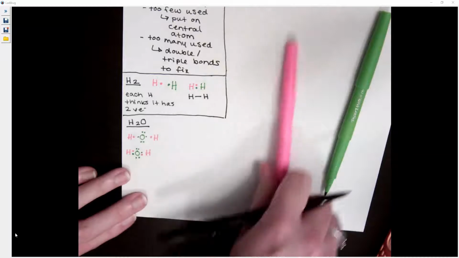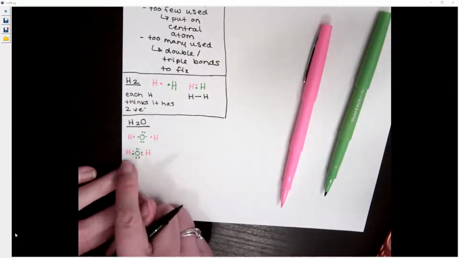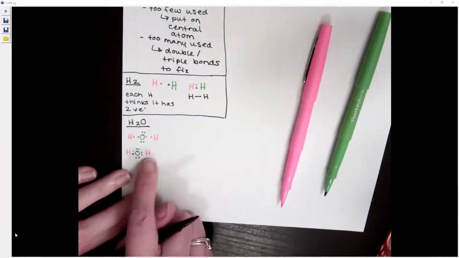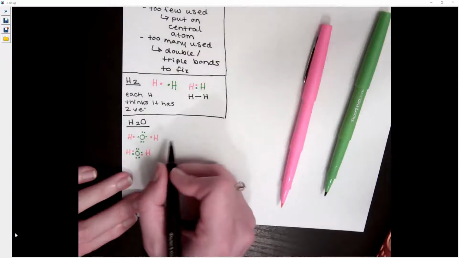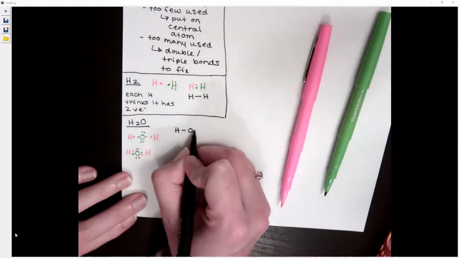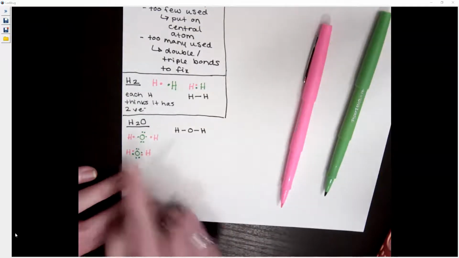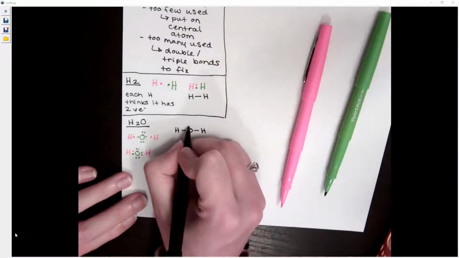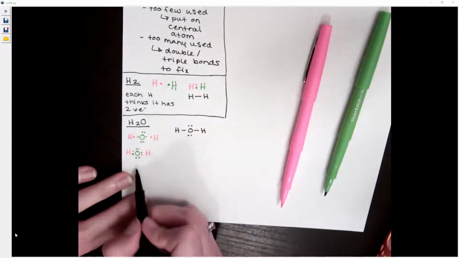The hydrogens each donate 1 electron to be shared. The oxygen donates 1 electron over here and 1 over here. If I want to redraw this in lines, I would put a line for each bond, but you're going to notice these electrons are not participating in a bond with anything.